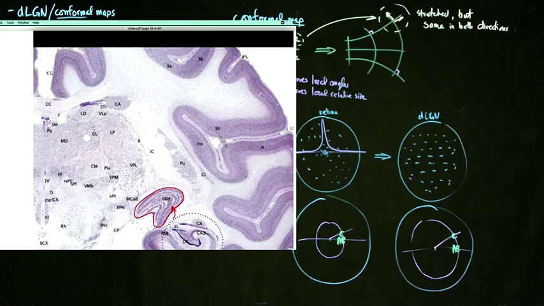If you remember my very basic thalamus lecture, there was the epithalamus, a little piece like this. And then there was the dorsal thalamus, which came around like that. And then there's the ventral thalamus, which wraps around. This guy is part of the ventral thalamus.